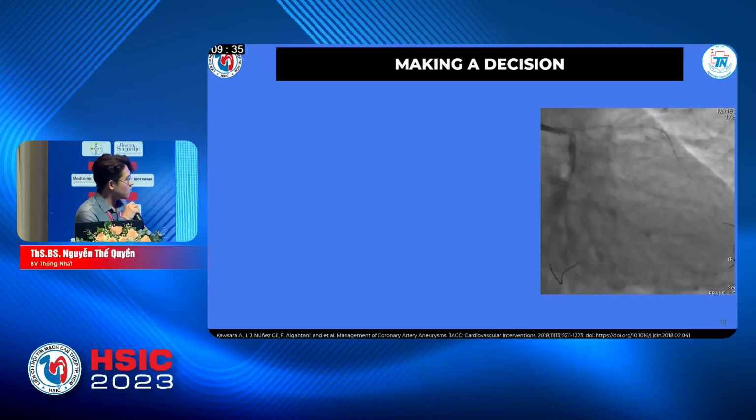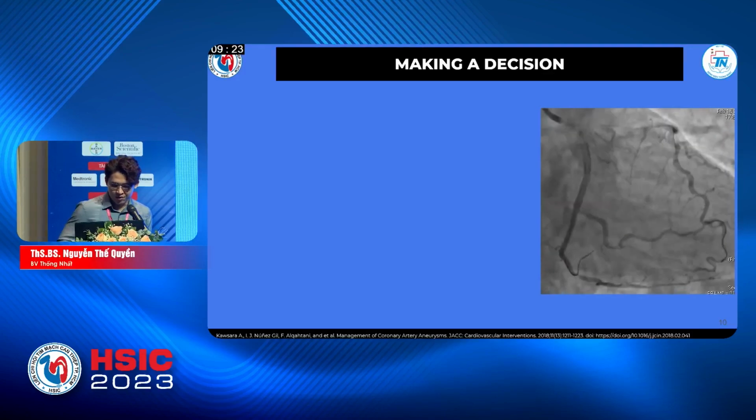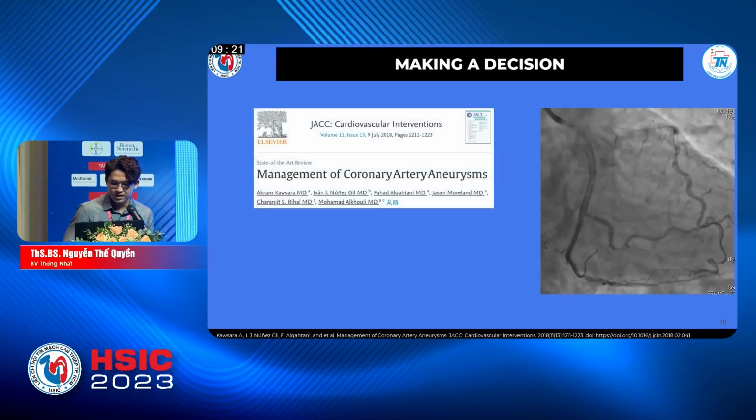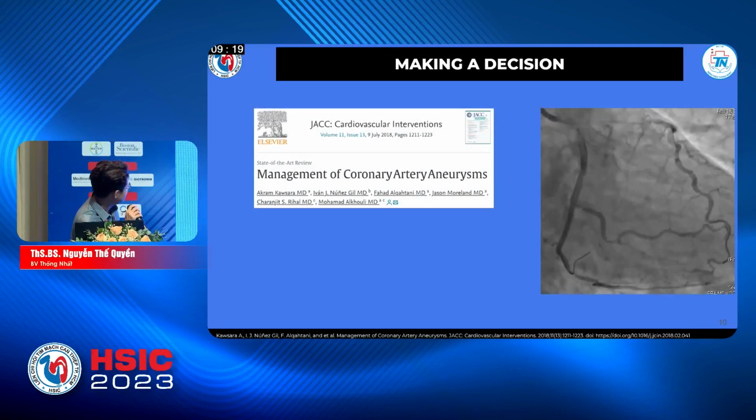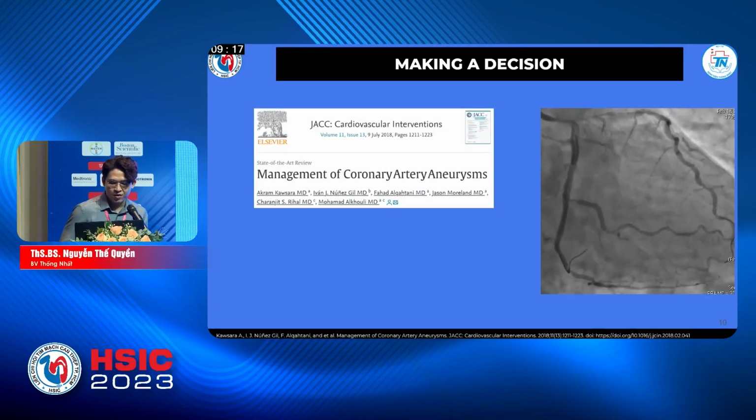So how much do we know about the coronary aneurysm? To date, data relating to this kind of lesion and its management are limited to case reports and case series. An article review in 2018 has proposed an algorithm to manage this kind of lesion.